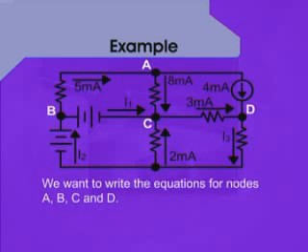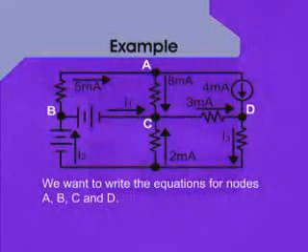At the top, we have marked the node as node A. Then coming down from A, the node has been marked as C. On the left hand side, the node has been marked as B, and on the right hand side, the node has been marked as D. Whereas the extreme bottom node is left open because it is considered as a reference node.